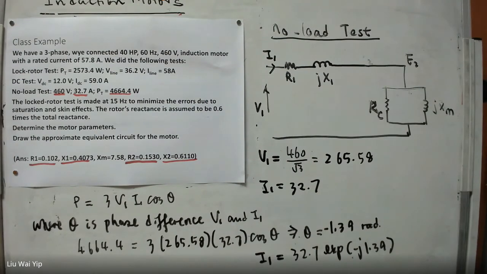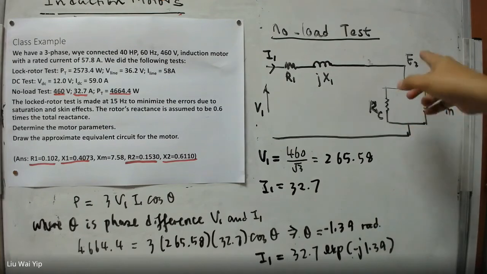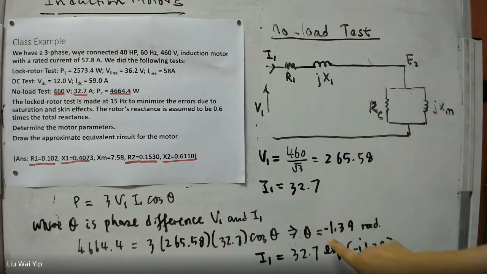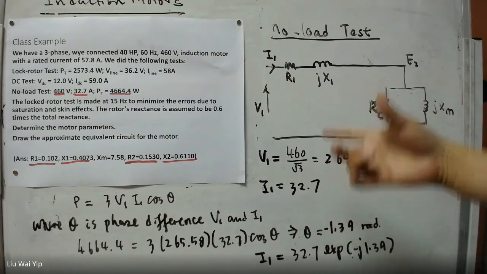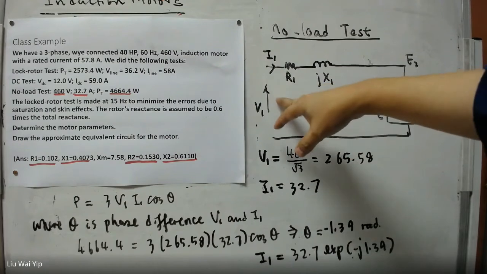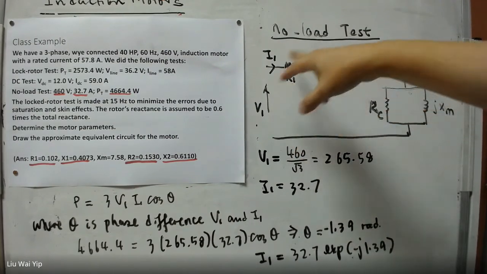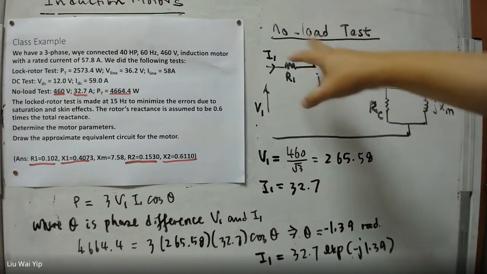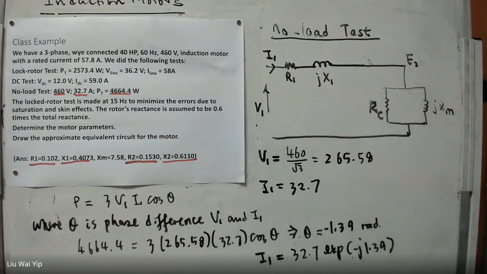And now our job is to find E2. This is the next thing that we need. We know the current, that's good enough. We know the current and we know V1 and the winding impedance. Then we can use this information to find E1.